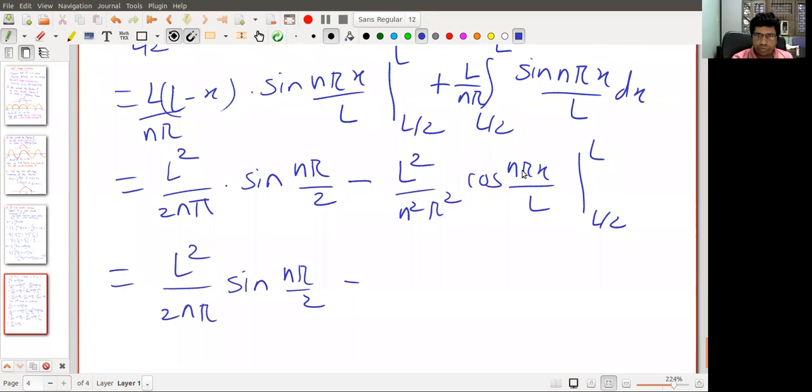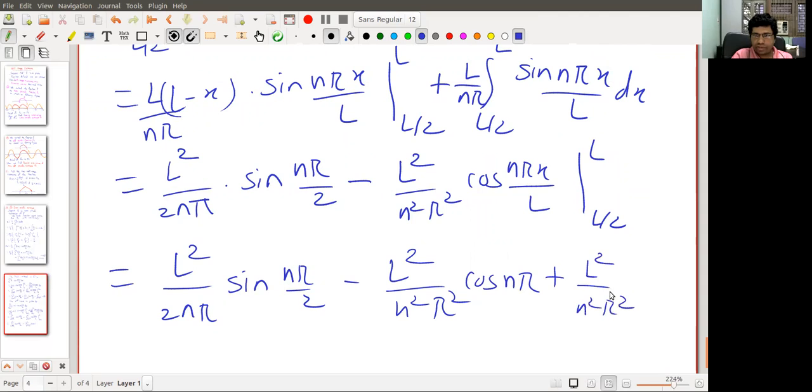So when we put upper limit x equal to L, then we get minus L square by n square pi square cos n pi. Okay. Then this will be plus L square upon n square pi square.